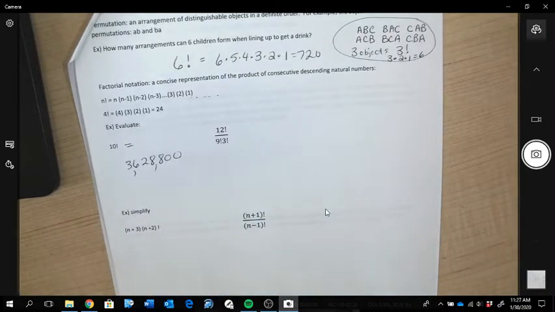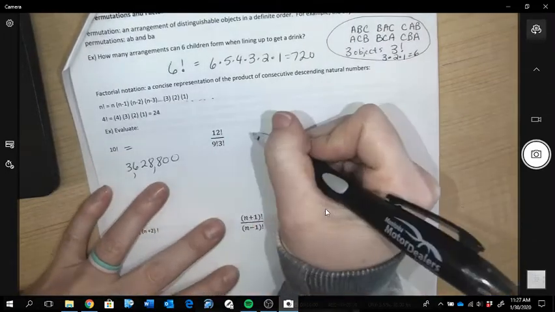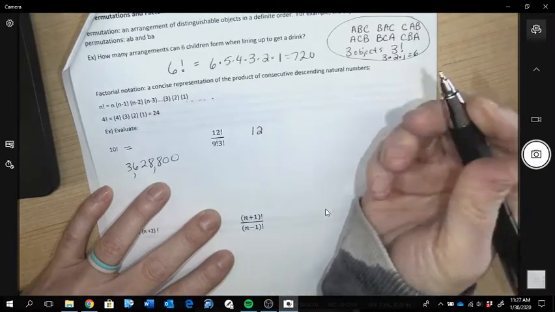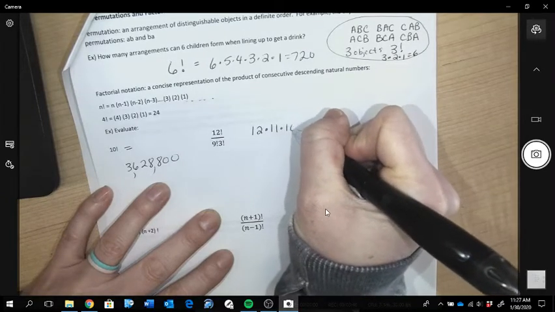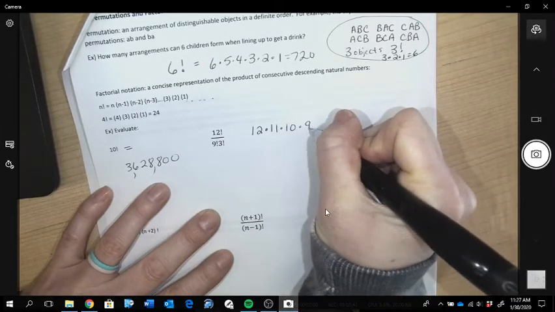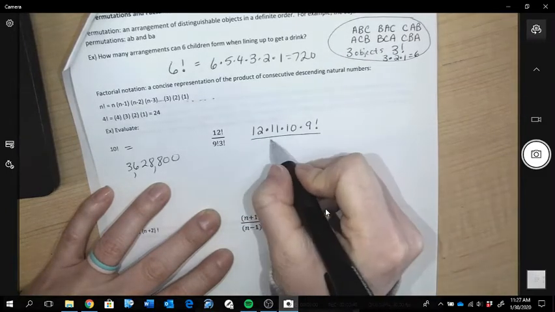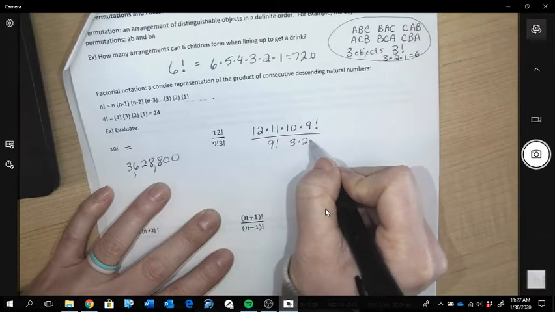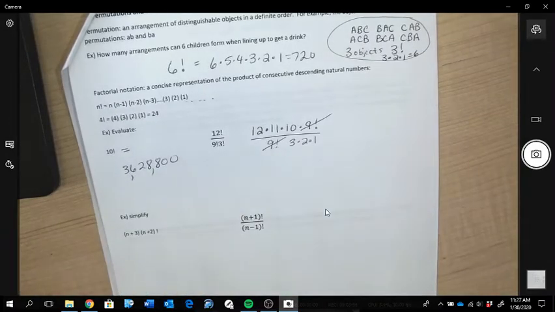Okay, evaluate this one. I'm going to show you a little bit of a different way this time. So 12 factorial, I'm going to start to expand 12 factorial. So 12 factorial is 12 times 11 times 10 times 9, and then on and on, right? But I can see now that the rest of that piece is going to cancel with this. And then you can simplify some more things here.